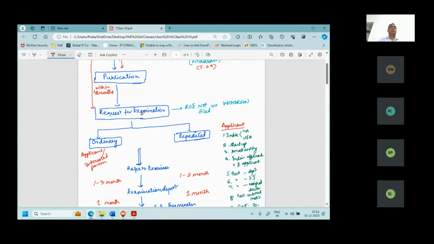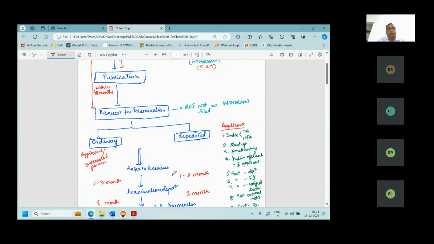If you have gone for a request for examination, there can be two types of examination one can opt for. Request for examination can be asked for by an applicant or an interested person. Who is an interested person? Who is working or engaged in the same field.